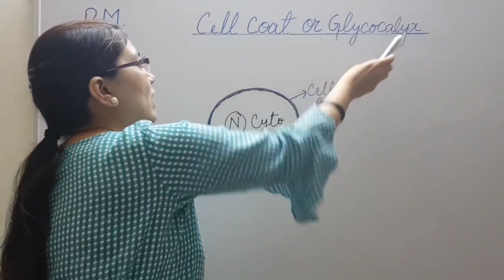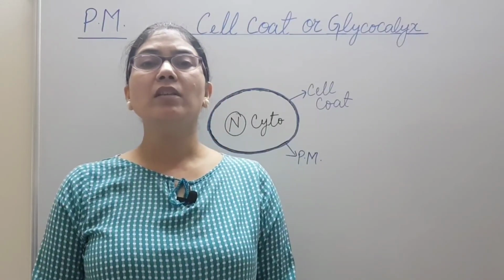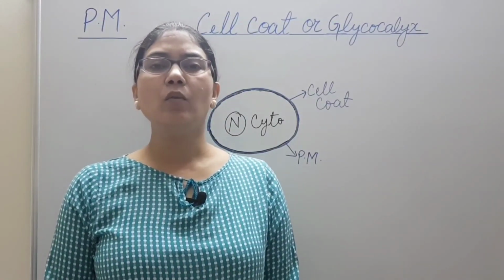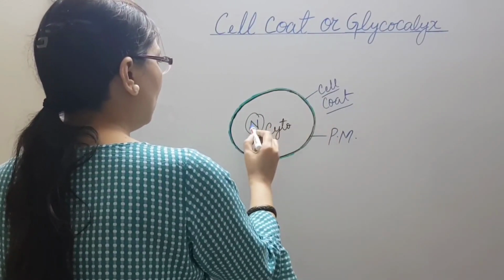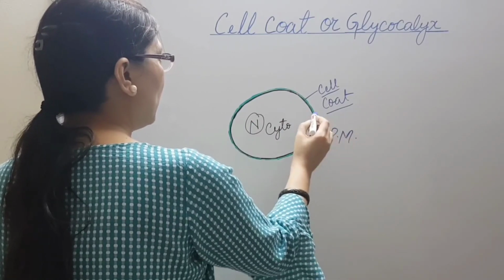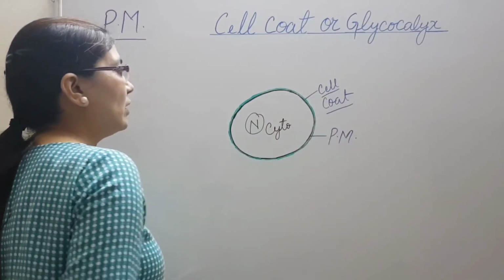Cell coat or glycocalyx: the carbohydrate coating that is present on the surface of a eukaryotic cell is known as cell coat or glycocalyx. This is a eukaryotic cell, nucleus, cytoplasm. Inside there is the plasma membrane and outside there is the cell coat or glycocalyx.